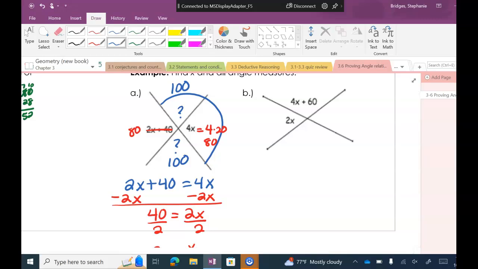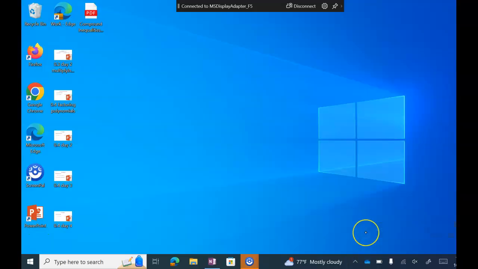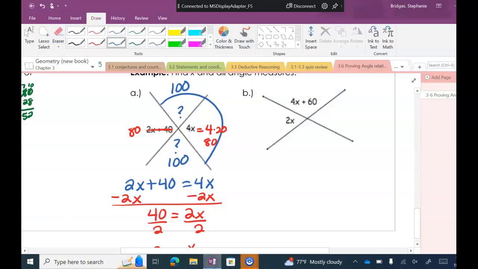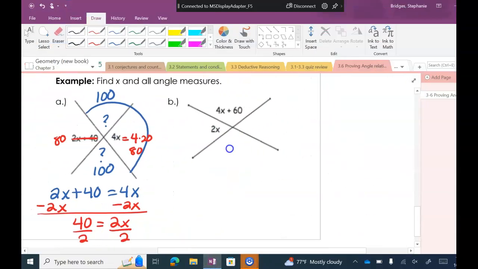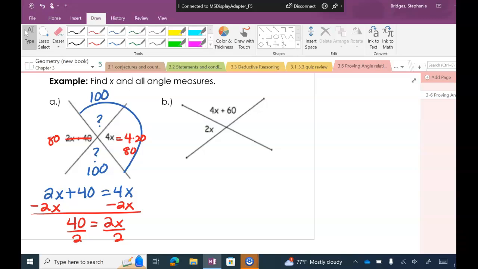All right, look at B. We need to set up an equation and solve for x first. What do those two angles do together? They add up to be 180. So let's add them. 2x plus, what's the other one?